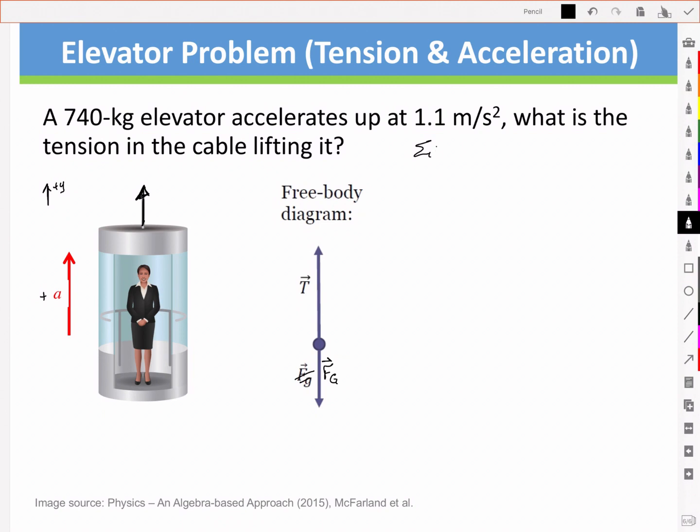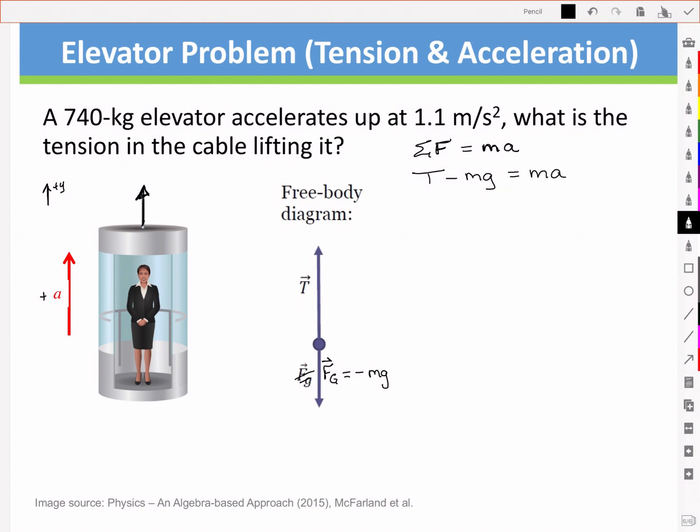We're going to look at the sum of the forces here, and Newton's second law says then that we will have an acceleration that is proportional to that net force. Our upward force is the tension, and we have a downward force of negative mg. And that's what's providing the acceleration.